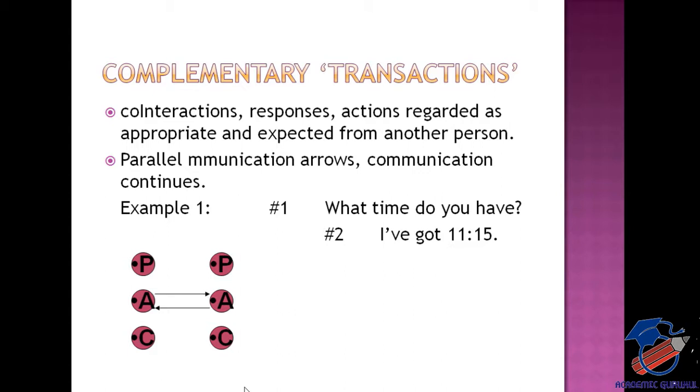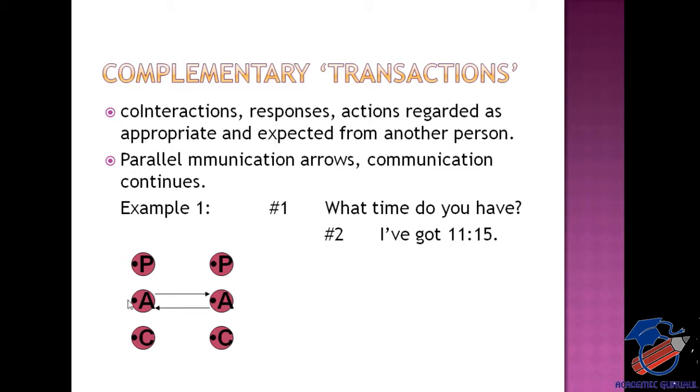So complementary transaction, these are the most effective sort of transaction. These are successful transactions, and these are generally, as you can see, from the same ego state. The message sent to a particular ego state, expected reply from that ego state, and actually receiving a reply. Adult is sending message to adult and expecting a reply from adult.